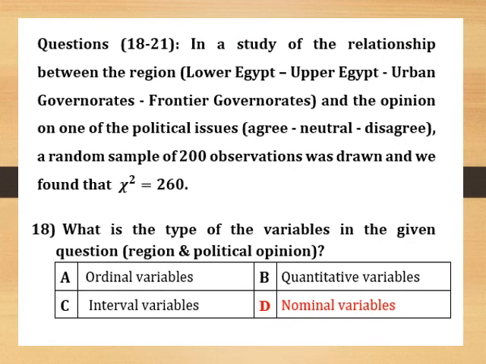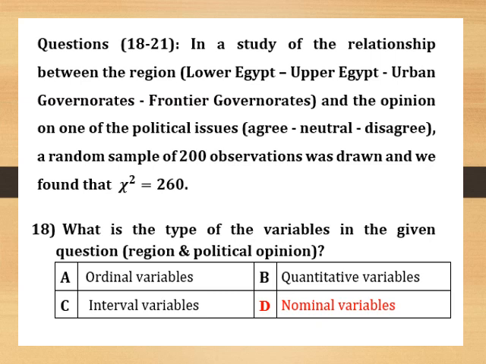Questions from 18 to 21. In a study of the relation between region and opinion on one of the political issues. Region consists of 4 faces: Lower Egypt, Upper Egypt, urban governorates, and frontier governorates, and the political opinion: agree, neutral, disagree.